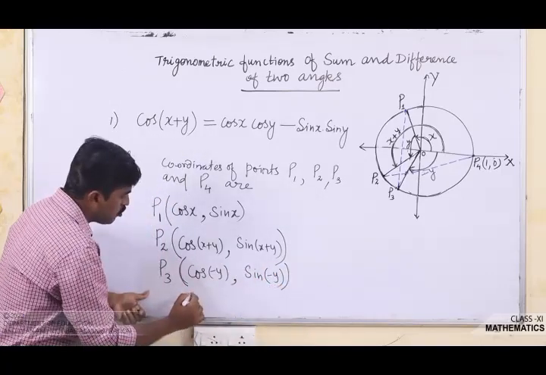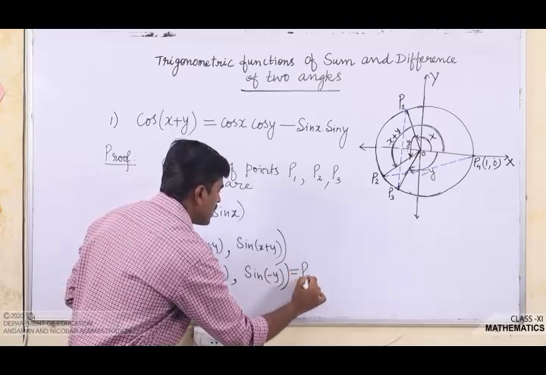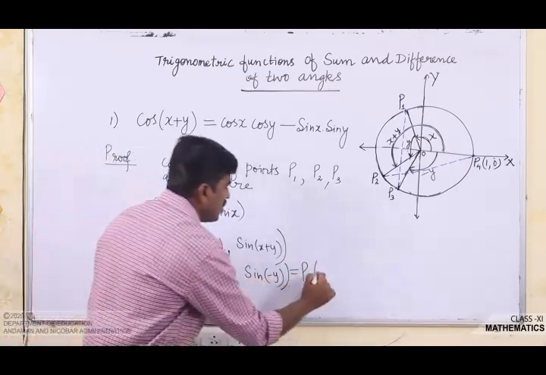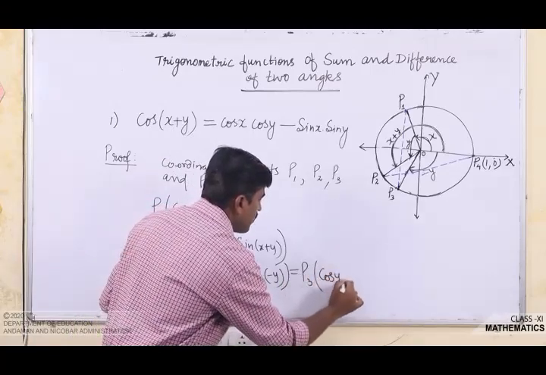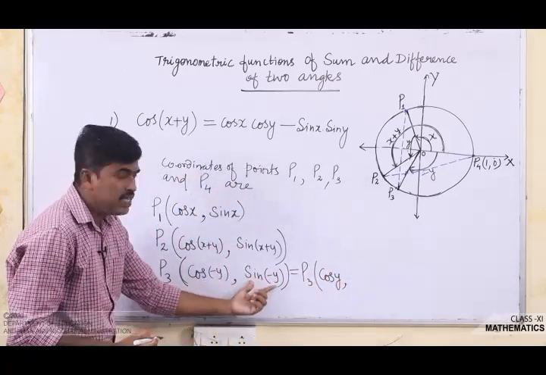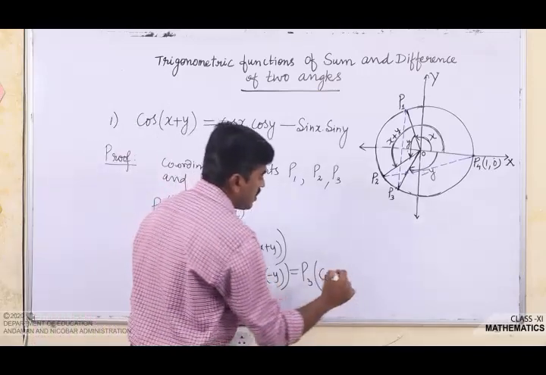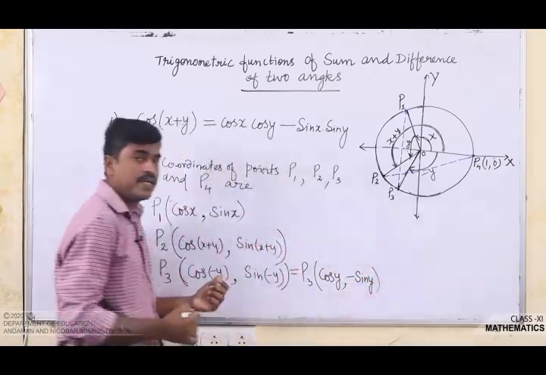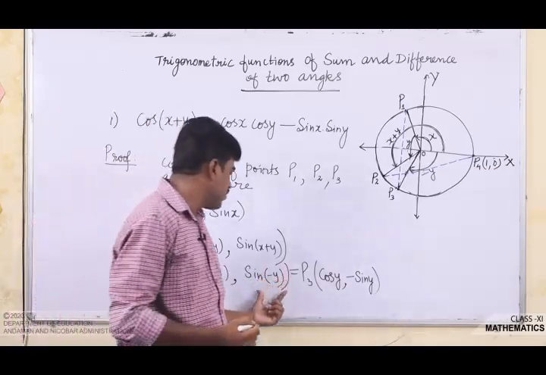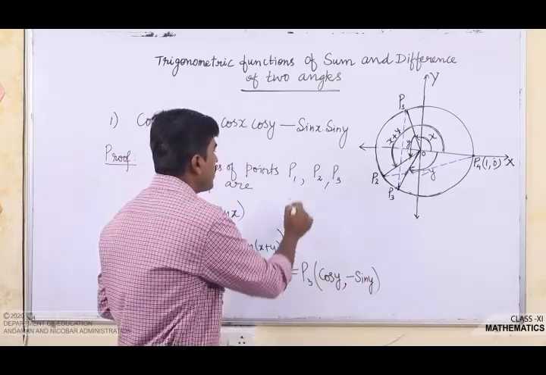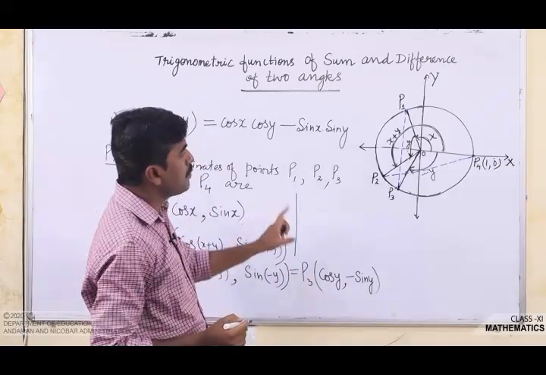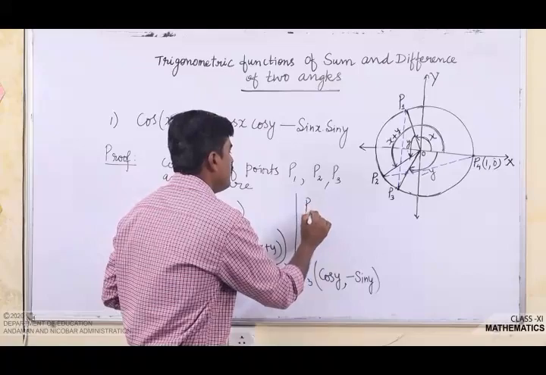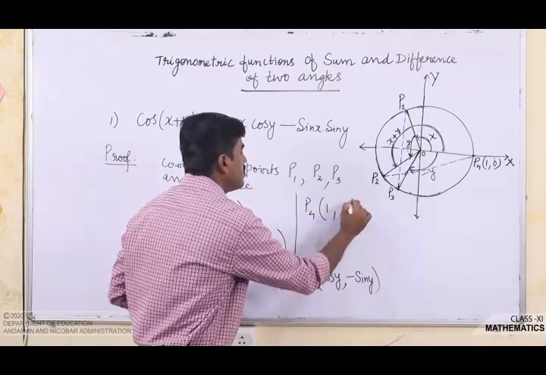So it can also be written as: we know that cos of minus theta is cos theta, so cos of minus y is cos y, and sine of minus theta is equal to minus sine theta, so sine of minus y is minus sine y. And the coordinates of the point P4 are 1, 0.